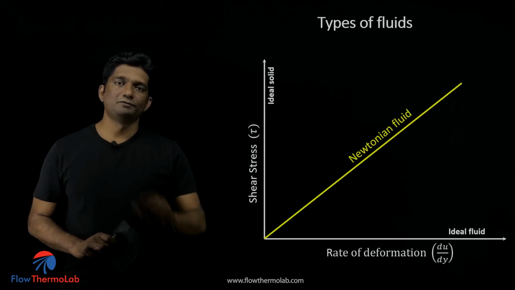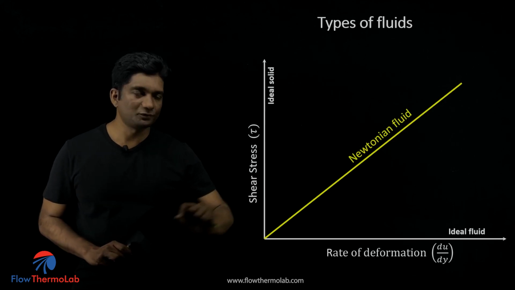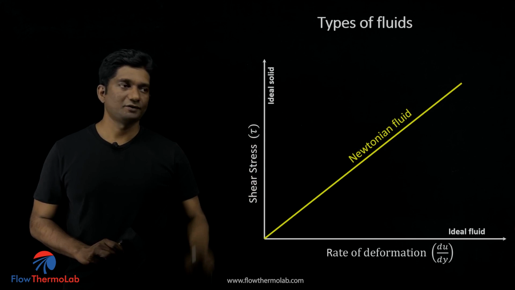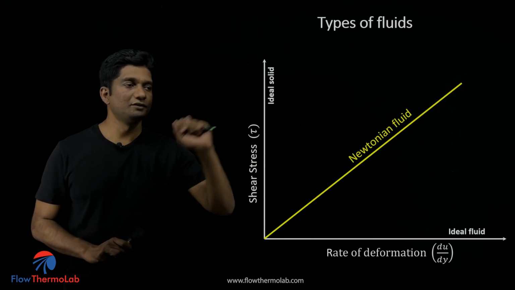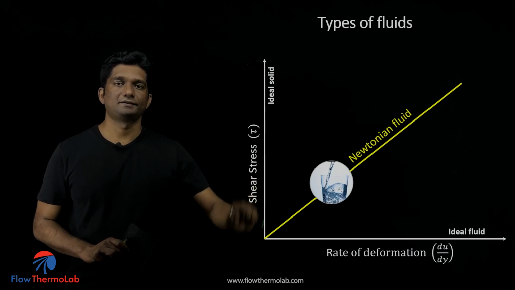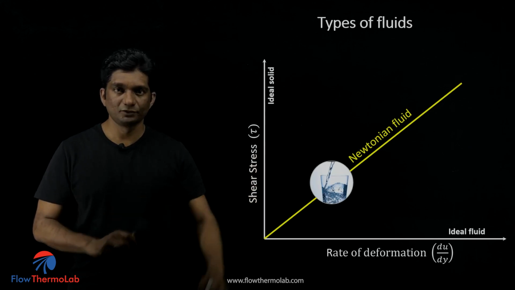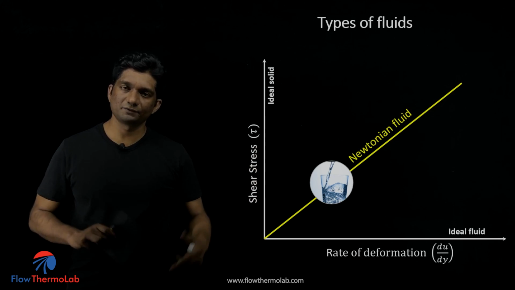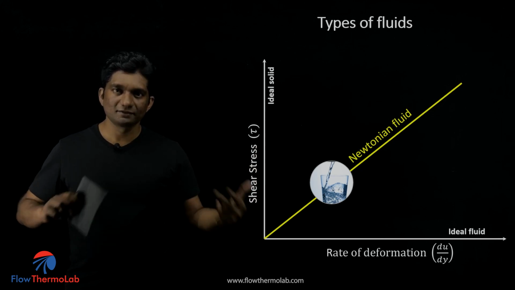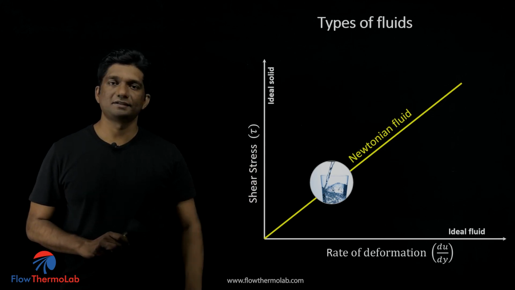And our Newtonian fluid is the one which is going to vary linearly when you plot tau and rate of deformation. Newtonian fluid examples are water, air, most of the engineering fluids which we are going to use for engineering calculations and our day-to-day activities.